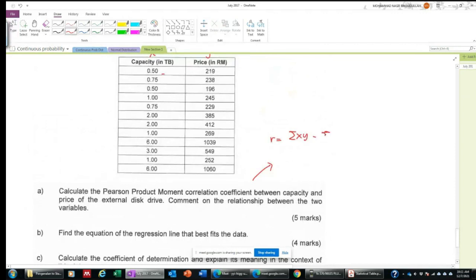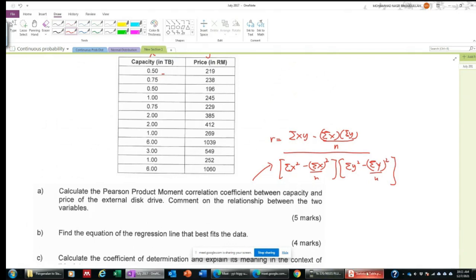So the formula will be summation of x multiplied with summation of y divided by n, then everything divided by the square root of summation of x squared minus summation of x, squared, divided by n, and the next one summation of y squared minus summation of y, squared, divided by n.